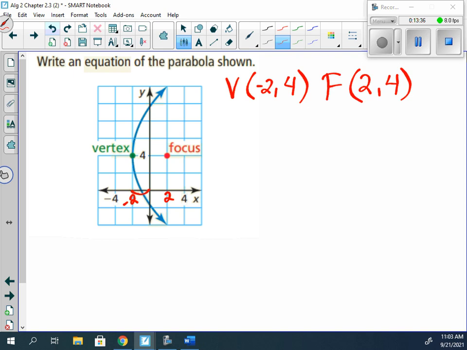The x is, yes? So which of the two equations are we using? X equals or y equals? X equals, because that's where the vertex and focus does change. So we're sticking with x is equal to 1 over 4p parentheses y minus k squared plus h.